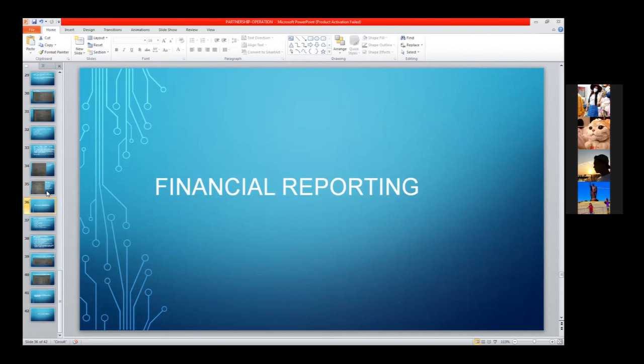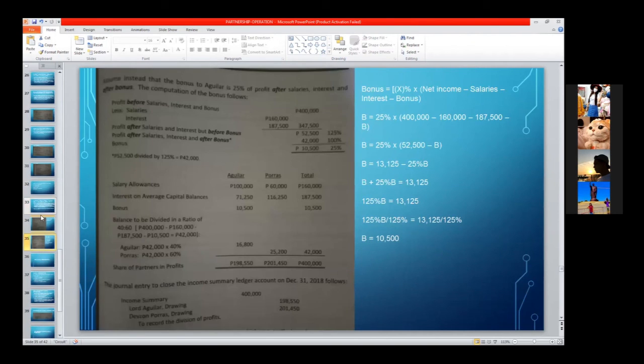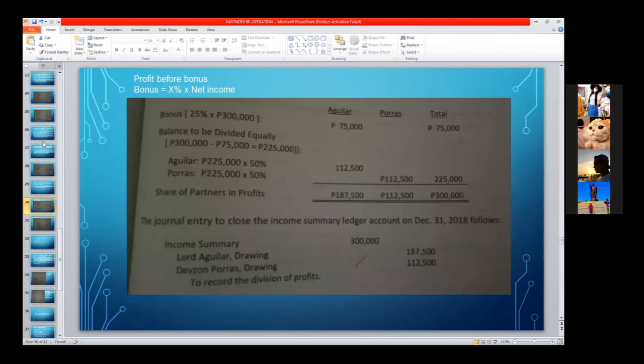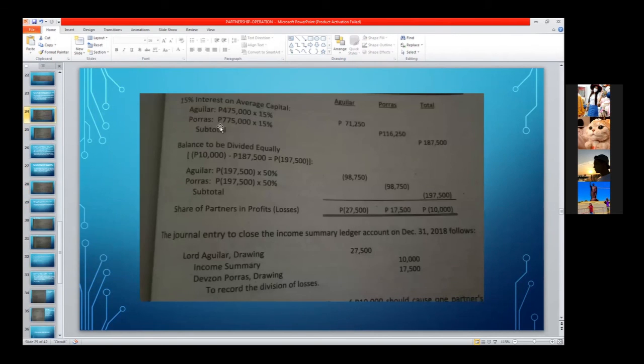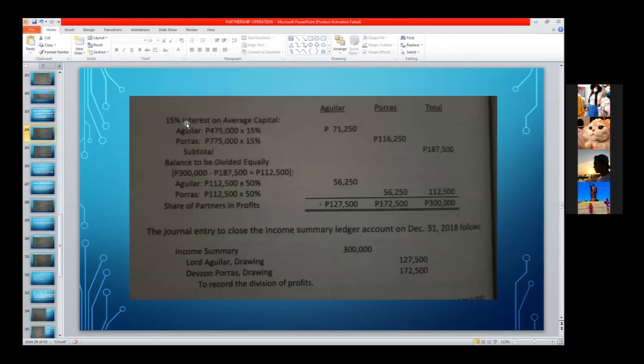So, any questions pa ba? Yung kanina, tanong ata ni Rika, saan nakuha yung interest na 15%. Itong 15% na interest, given na to sa problem niyo. Given na yan kasi yung partnership, yung mga partners, pag-uusapan na nila kung magkanong interest yung gusto nila. Bahala na sila doon kung magkano.